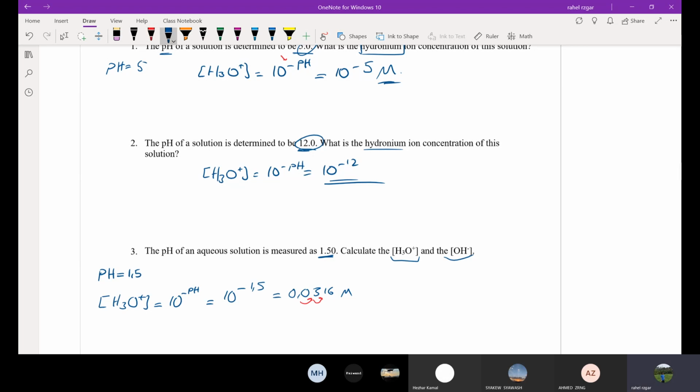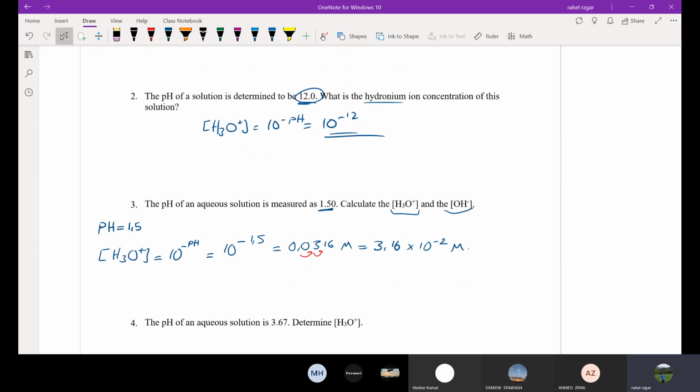Why? Because in scientific notation, this number, 3.16, must be more than 1 and less than 10. So it must be between 1 and 10 times. So we have moved 2 places. So 3.16 times 10 to the power of negative 2 molar.